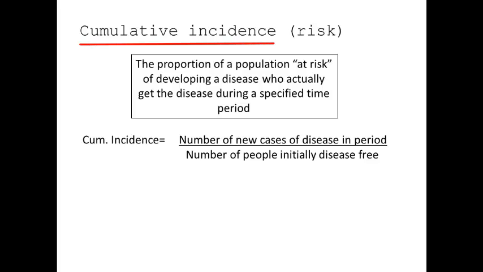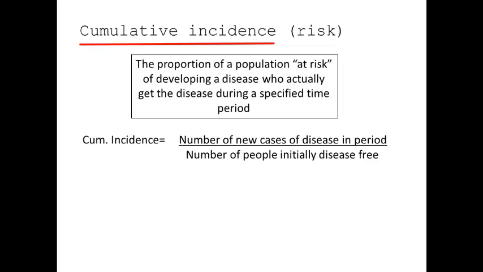The cumulative incidence is slightly different. It's used when we have a known group of healthy individuals and follow them up over a period of time. We then calculate the proportion who had the outcome during that period. The cumulative incidence is also called the risk, and it's used in studies where there is a fairly captive sample, such as a clinical trial.